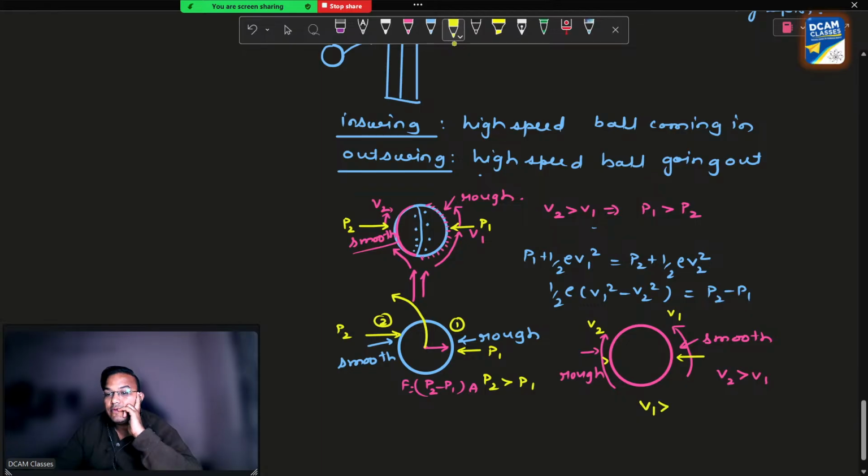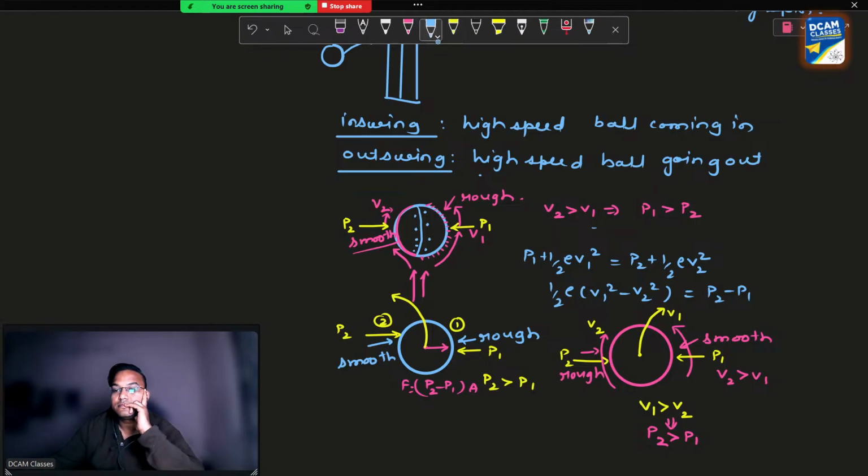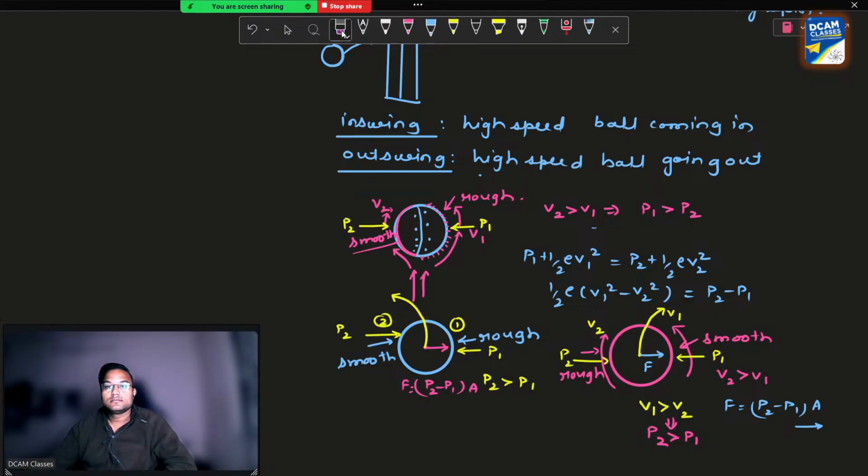In this case, v1 will be greater than v2. When v1 is greater than v2, P2 will be greater than P1. This is P2 and this is P1. So the effective force will be towards the right, and the ball will tend to swing right.